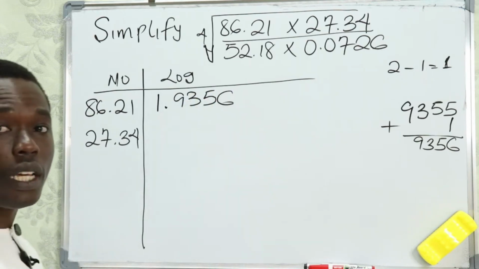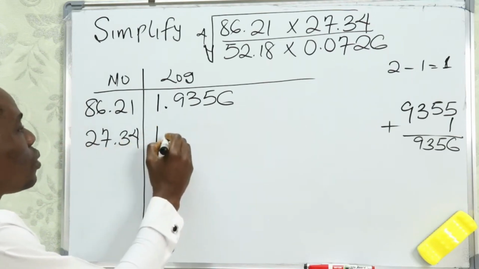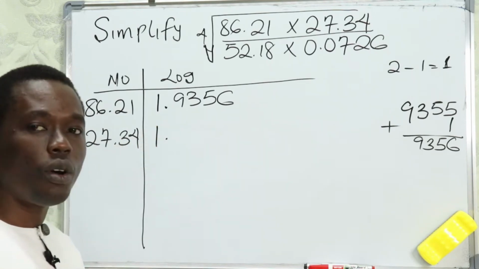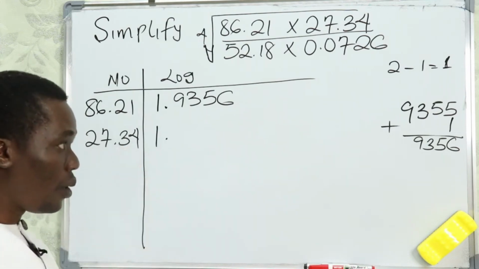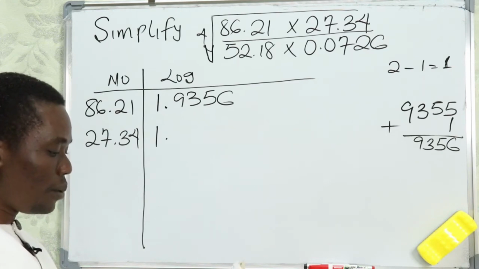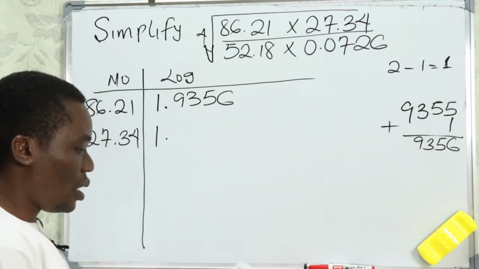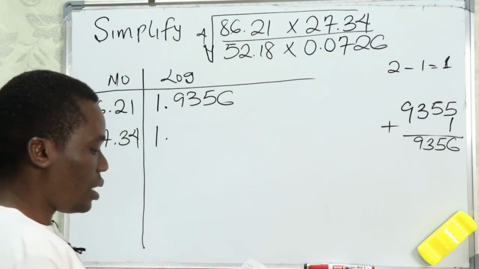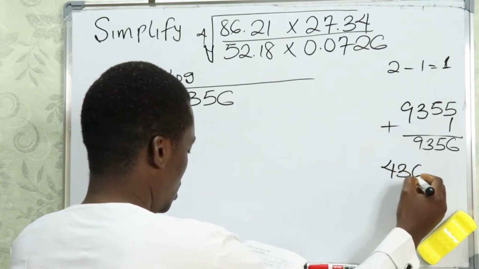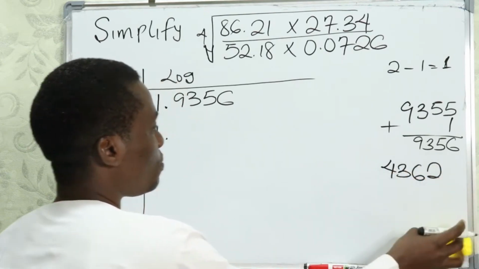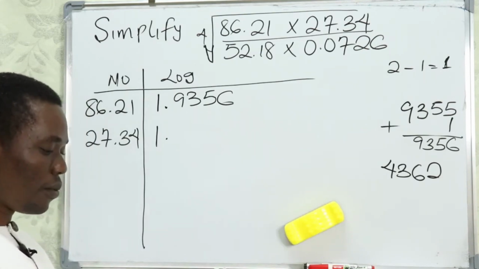Good. Now the next one we want to look at is this. The integer still remains 1. So we are going to find the log of 27 under 3, then difference 4. The log of 27 under 3 will give us 4362.